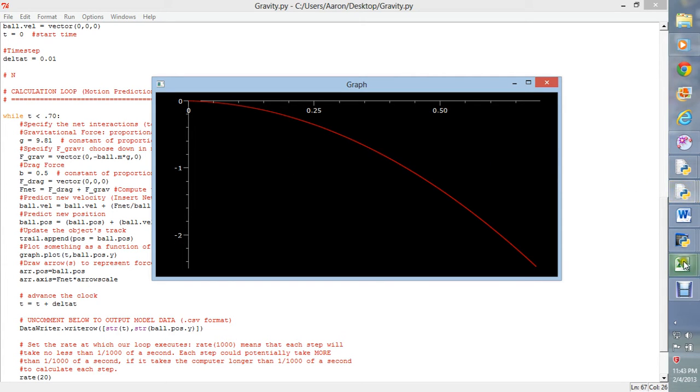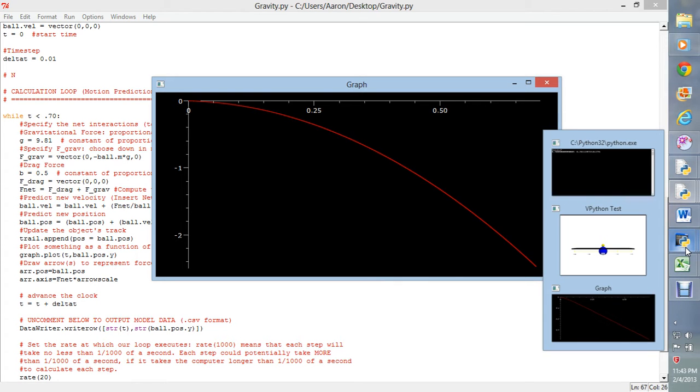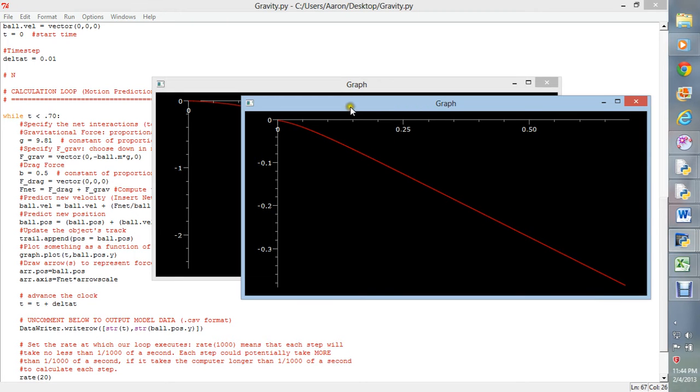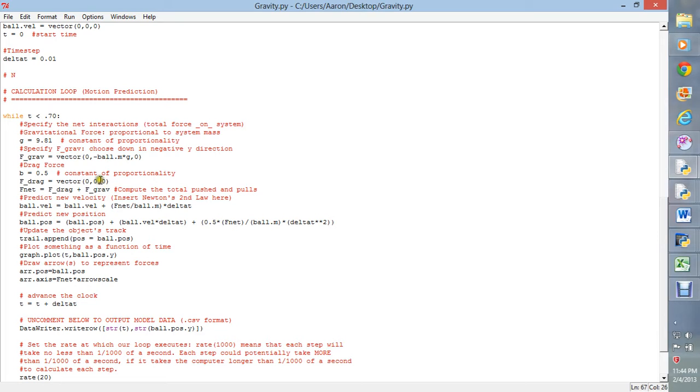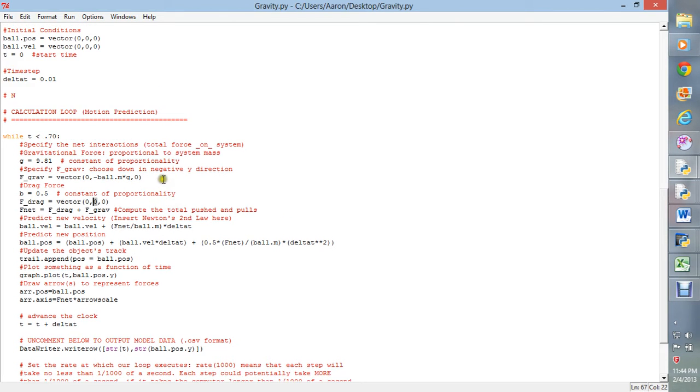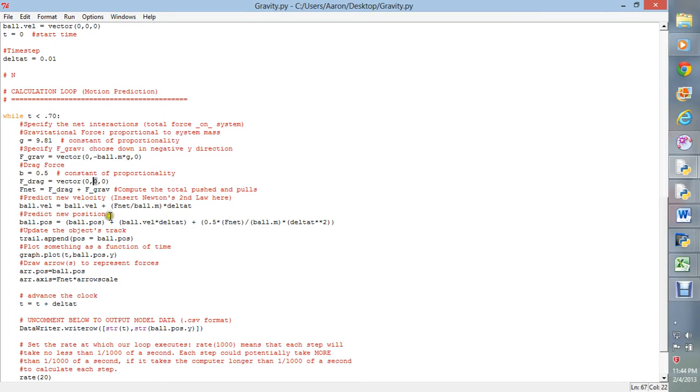My Python program for the piece of paper ended up giving me a graph that looked like this. For the drag vector, I made it positive b times the velocity of the object, which was a piece of paper.